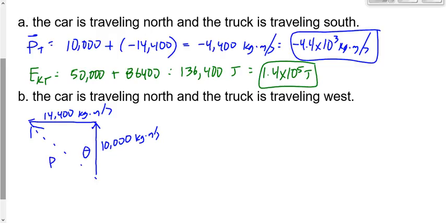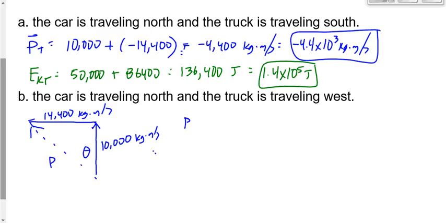We do the Pythagorean theorem, right? Because it's two dimensions, the direction matters. If we got a north and a south, this is how we deal with it. We have a north and a west, this is how we deal with it.